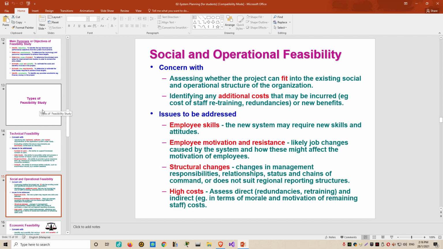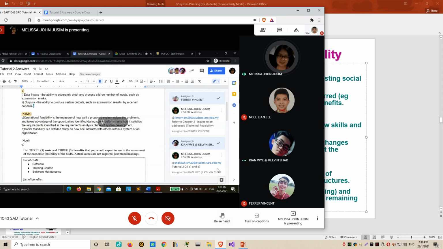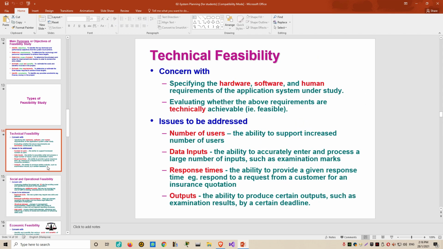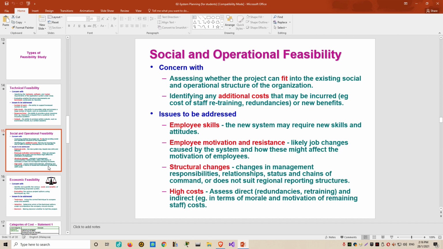Yes, correct. And identify additional costs that may be incurred or new benefits. So additional costs, perhaps is there any cost for staff retraining, or do we have redundant staff after the OMS system is implemented later and so on?